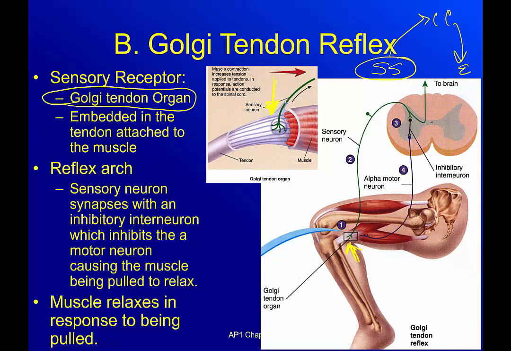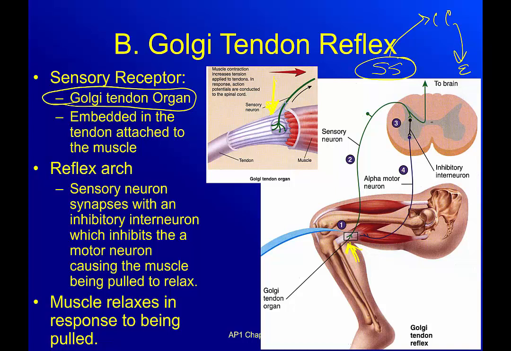So, in the reflex arc, your sensory neuron actually synapses with an inhibitory interneuron. Remember, an inhibitory neuron releases neurotransmitter that shuts everything down. So the motor neuron actually gets turned off, meaning that the muscle it's attached to just completely relaxes. Like it goes flaccid. I'm not going to work anymore.